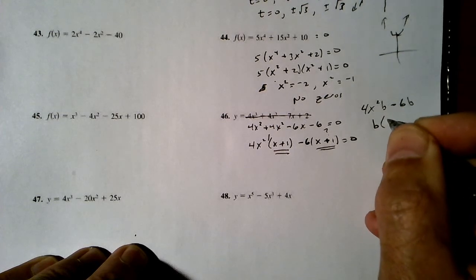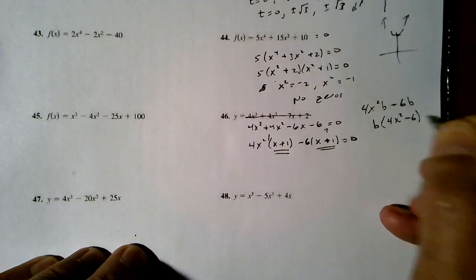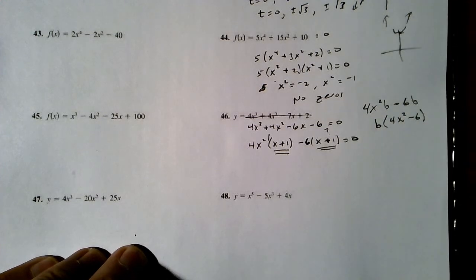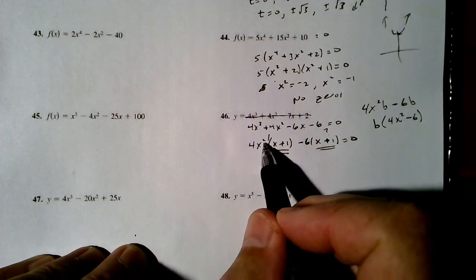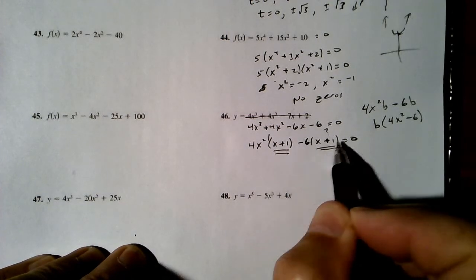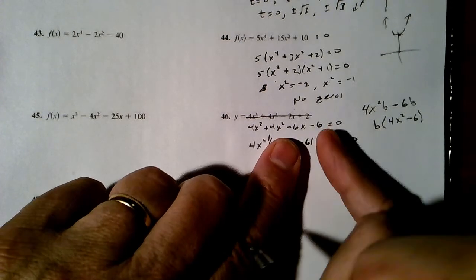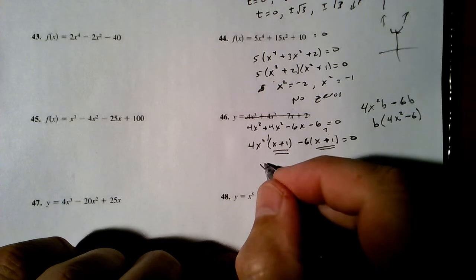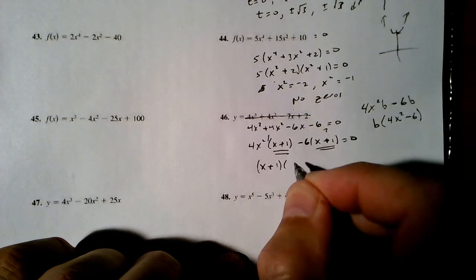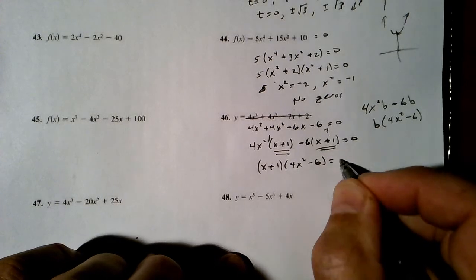And we get b times 4x squared minus 6. Well, that's kind of what we have here. 4x squared times this messy b minus 6 times this messy b. I'm going to take b out. So I get x plus 1 times 4x squared minus 6.